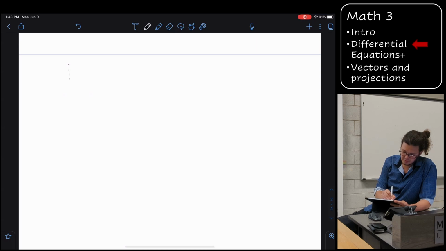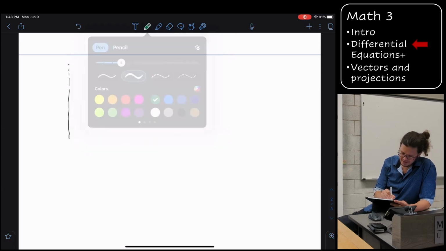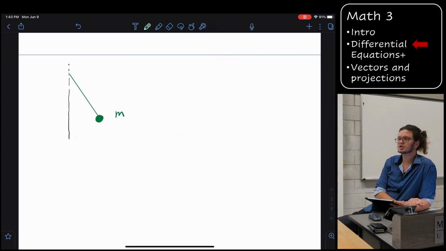So I am trying to describe a dynamical system in which I have a mass m attached to a rope, and that is going to oscillate back and forth. How do I know that it will oscillate? Well, we have done that in your life.